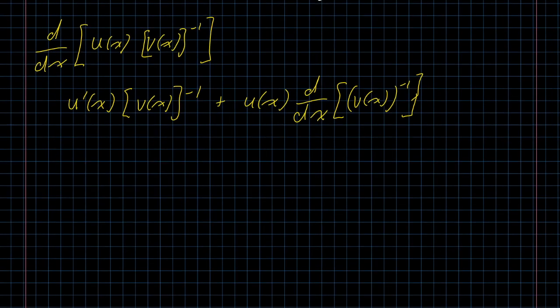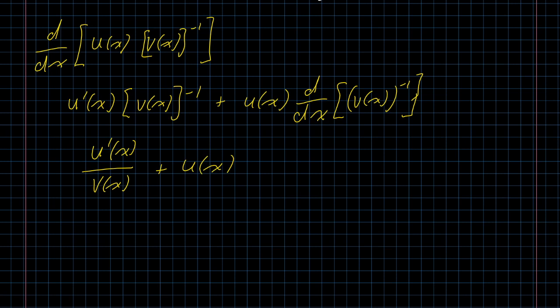But just for the sake of cleaning up my writing a little bit, let's go ahead and rewrite this as u prime of x over v of x, right? That's the same thing as u prime of x times v of x to the negative first. And then we'll have u of x times the derivative of v of x to the negative first.